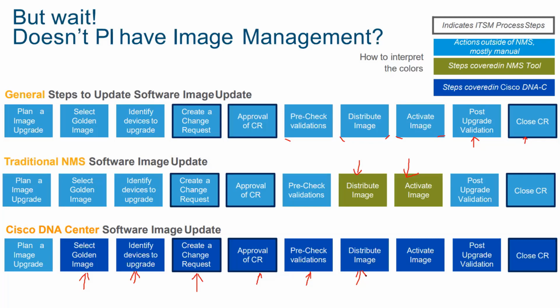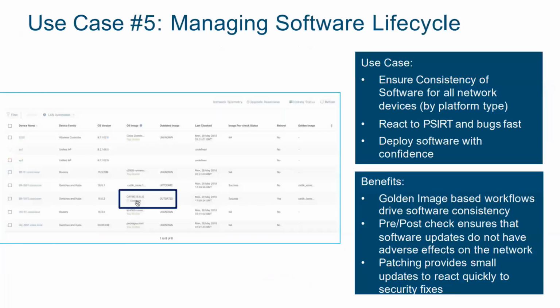It will match the hash, SHA and MD5 hash, activate the image, run the test. If there's any error, it's going to send me an event, no error. It's going to say life is good. And it will close the change request if everything goes well for you. So the whole process, end-to-end, is automated with Cisco DNA.